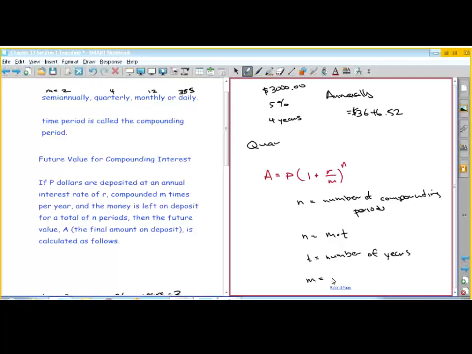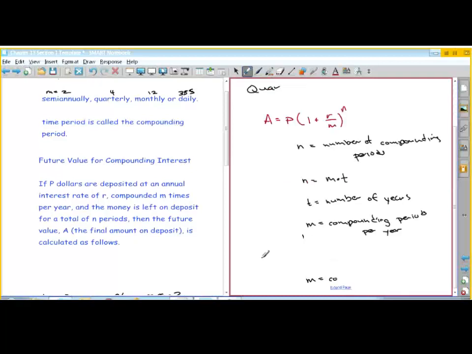What M is: compounding periods per year. For quarterly, so we're doing quarterly up here, M is equal to 4.